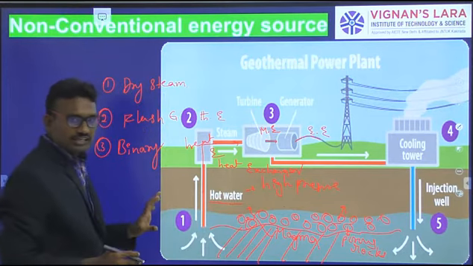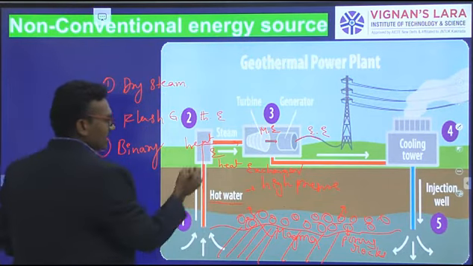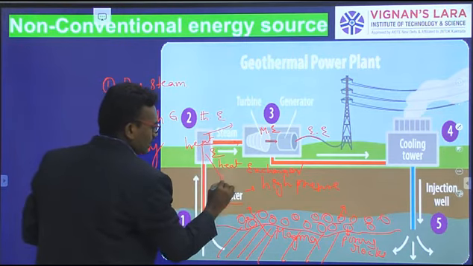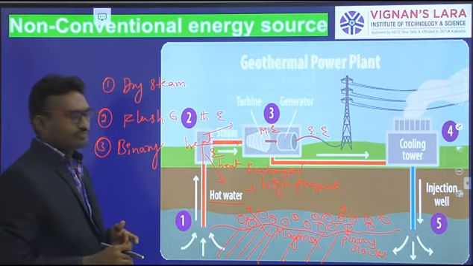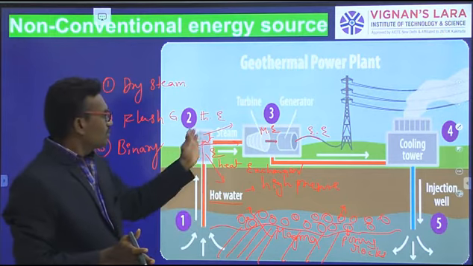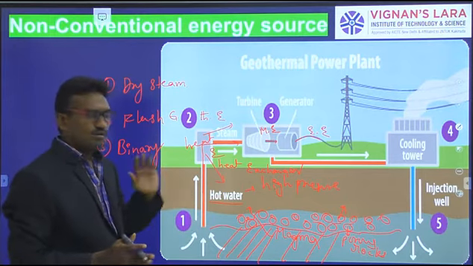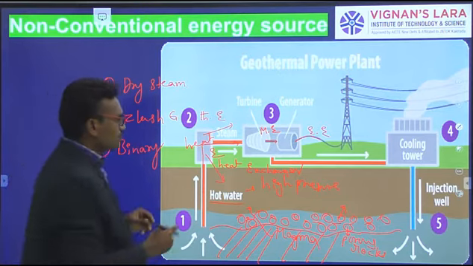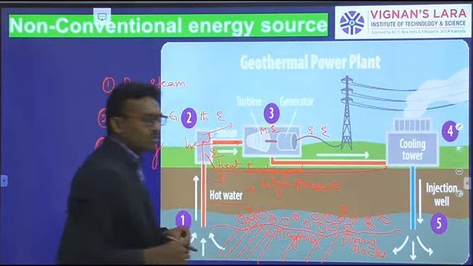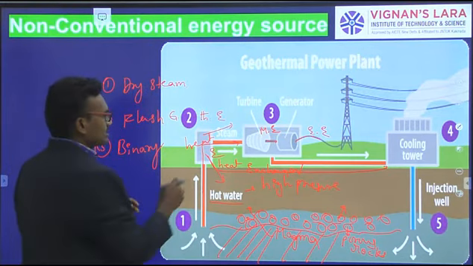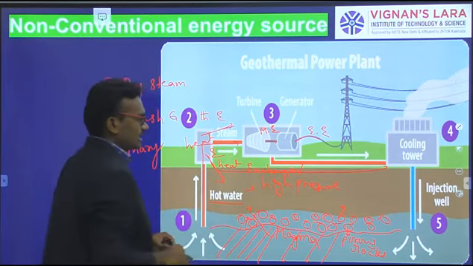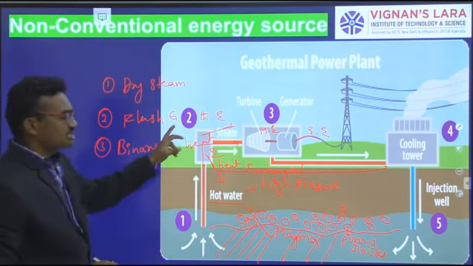For example, this is the heat exchanger, where the steam and water droplets are separated, because the high pressure water divides into steam and water. The wastewater is passed into a cooling unit, and the steam is passed into turbines to produce electrical energy. This is the flash geothermal power plant.